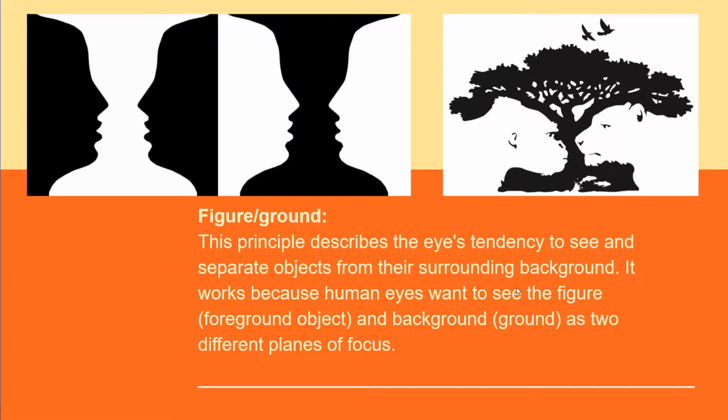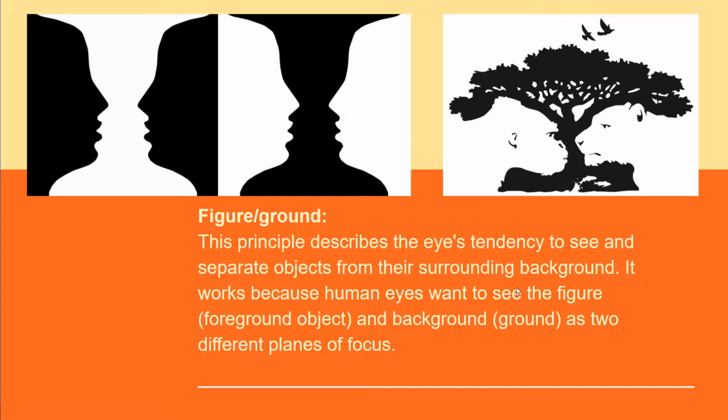So we also use it a lot in order to create design elements like a logo or something. This principle describes the eye's tendency to see and separate an object from the surrounding background.